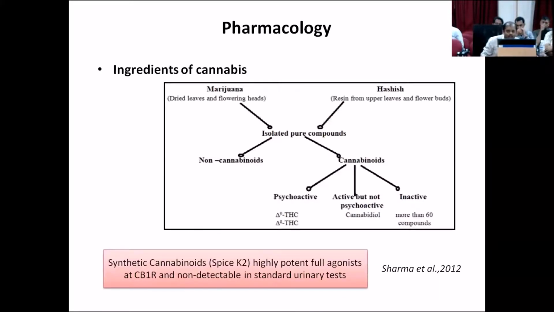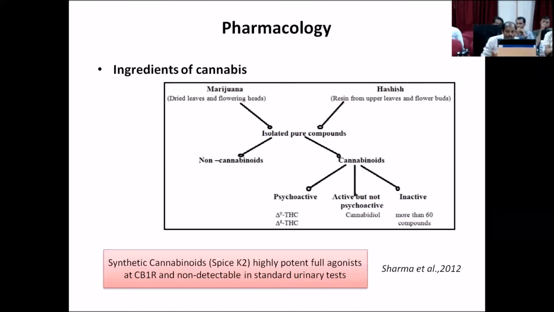Now the active ingredients of cannabis. As we have just discussed, THC is an active component. Apart from THC, around 60 chemicals are found by pyrolysis, of which THC is the most psychoactive. Apart from that, there is cannabidiol. Cannabidiol has significant antipsychotic properties, and in some forms it may be used in medicine in future.